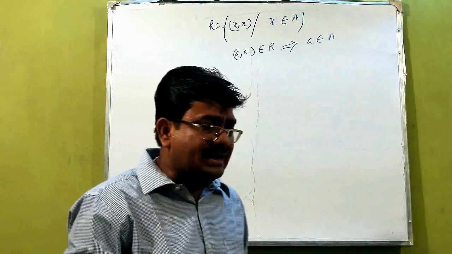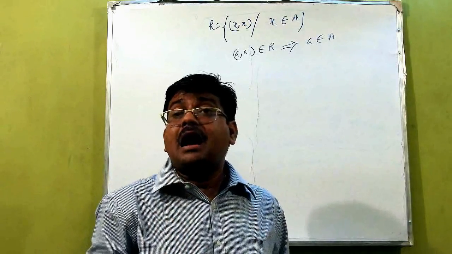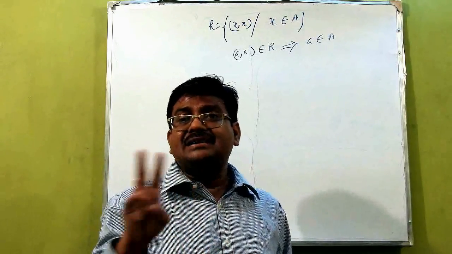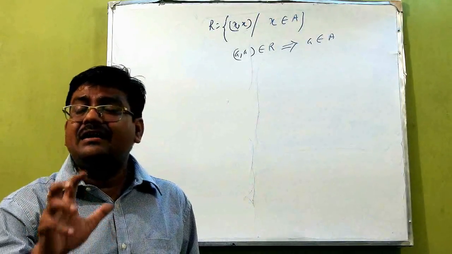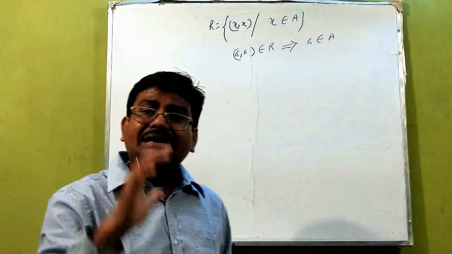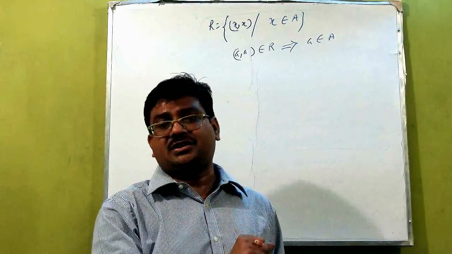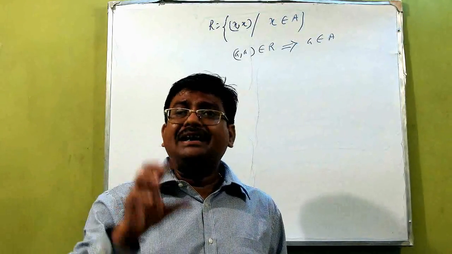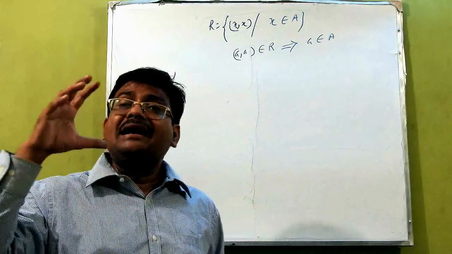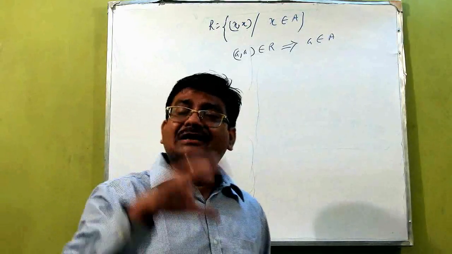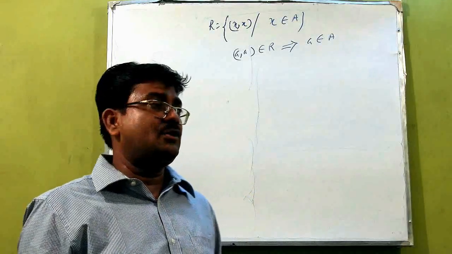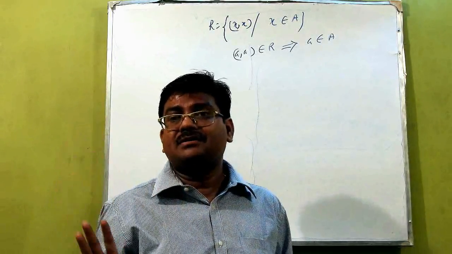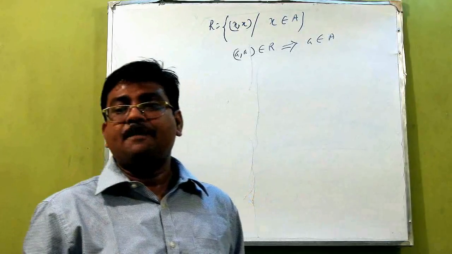So we can say that reflexive relation is a kind of identity relation, but there is a very small difference. In case of identity relation, only identity elements exist, no other elements are there. But in case of reflexive relation, identity elements must exist as well as other elements may exist. So that is the difference between identity relation and reflexive relation.